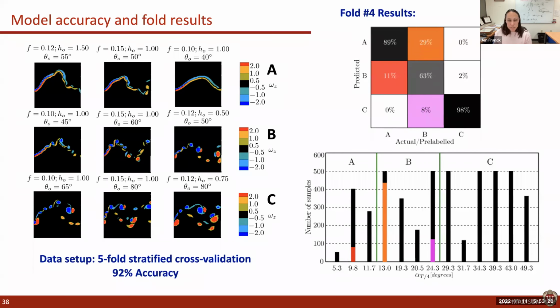So this was useful, and you know that the algorithm was detecting something in the wake images, given that we had preliminarily decided these classifications based on just the strength of the LEV. So when we first decided on these lines, we weren't looking at the wake images, we were just looking at the LEV on the foil itself.